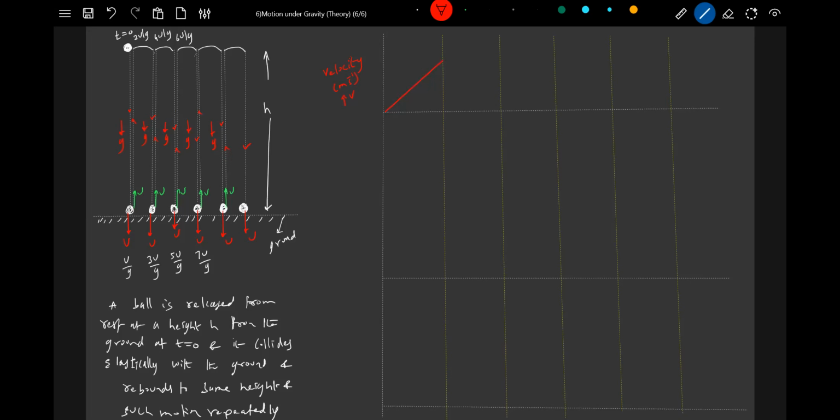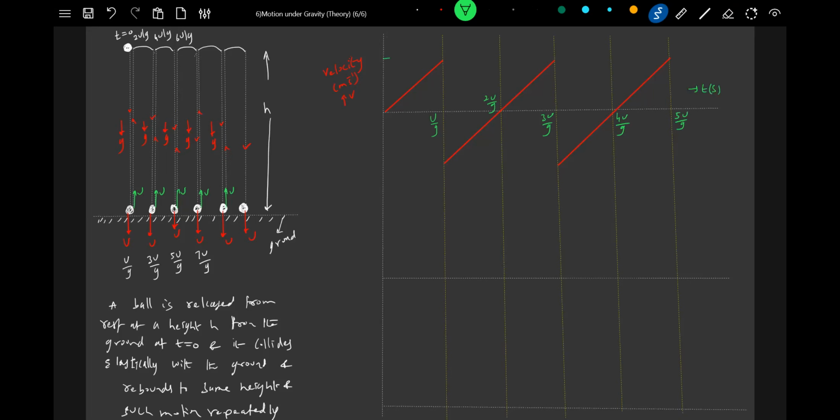This is t equal to 0, u by g, 2u by g, 3u by g, 4u by g, 5u by g. T is in seconds.